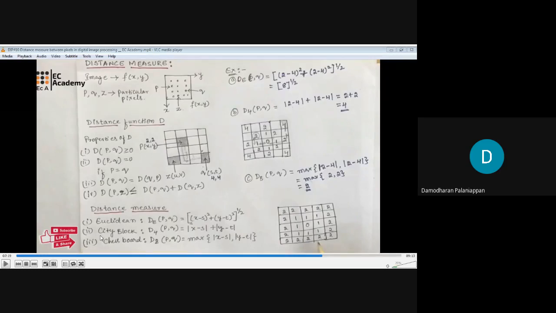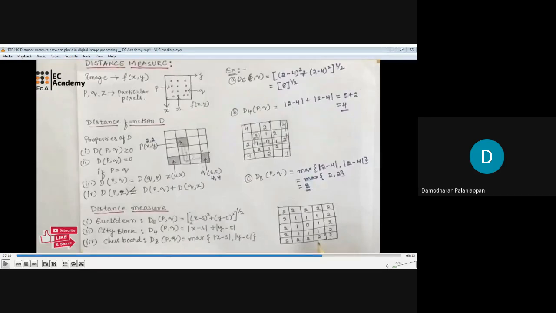The next is city block. Here we find the distance between two pixels p and q, where p has coordinates x comma y and q has coordinates s comma t. The two bars represent the absolute value.